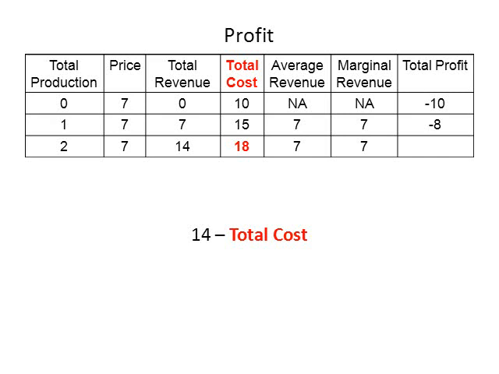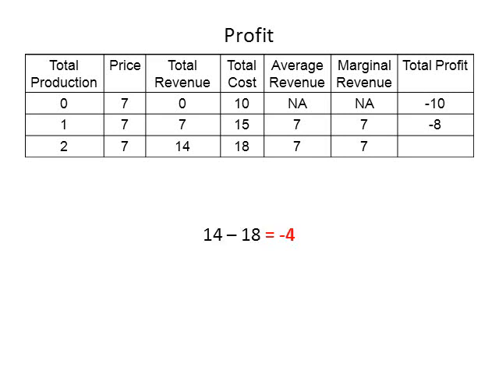Notice that 18 is associated with the total costs for producing 2 units of the good. Next, substitute 18 into the formula for total cost. Next, subtract 18 from 14, or do the calculation 14 minus 18.